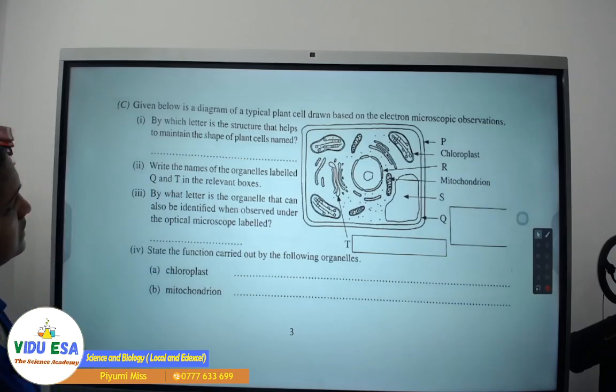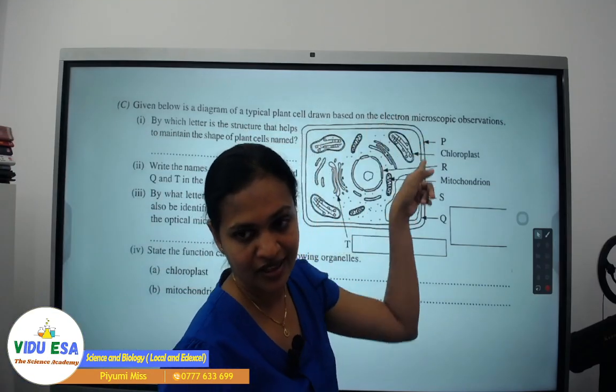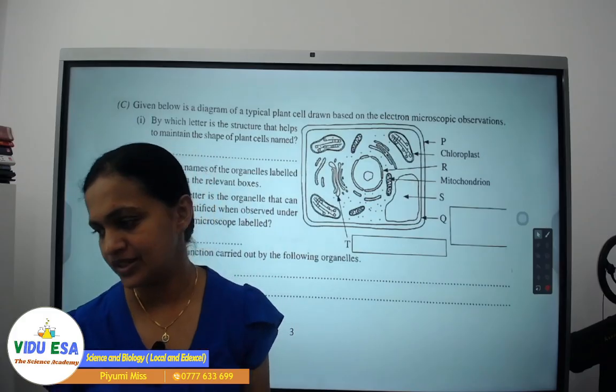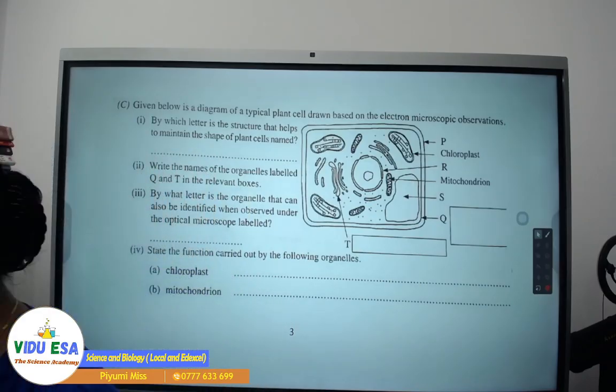By which letter is the structure that helps to maintain the shape of the cell named? So you know the shape of the cell is maintained by the cell wall, right? That is letter P. Shape of the cell is maintained by the cell wall, P. 1 mark.